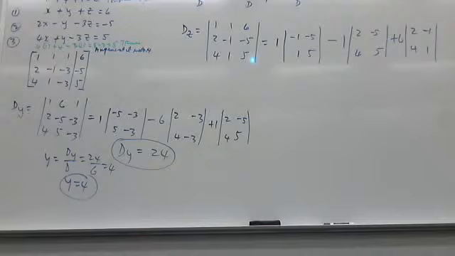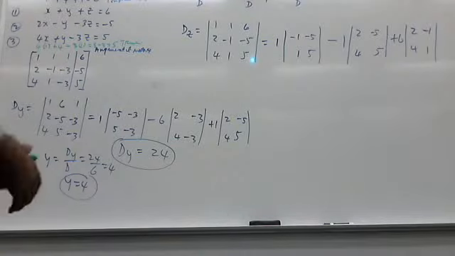We have done it by the usual method of elimination and back substitution, and then we have also done it by using determinant and by expanding by minor and cofactor. Okay.